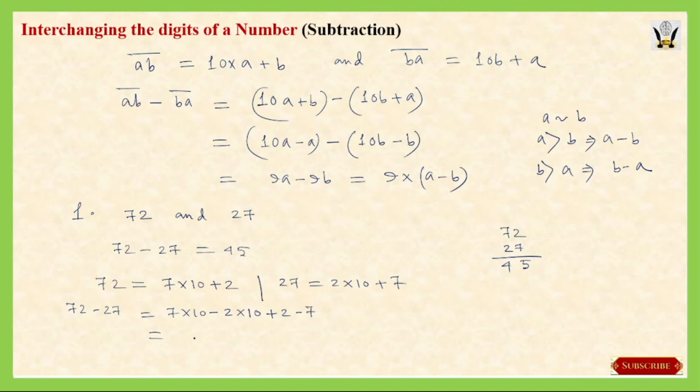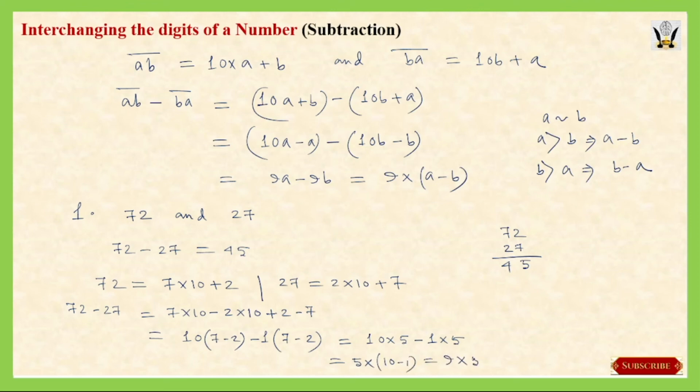Further it can be written as 10 times (7 minus 2) minus 1 times (7 minus 2). So it will be 10 multiplied by 5 minus 1 multiplied by 5. Here 5 is common, and we have another factor 9.